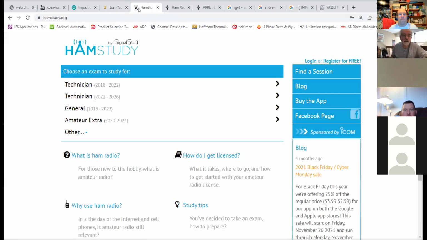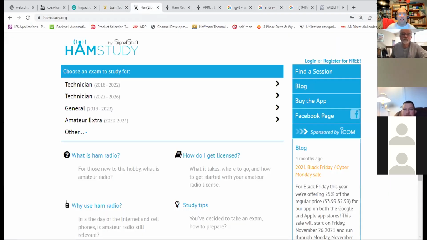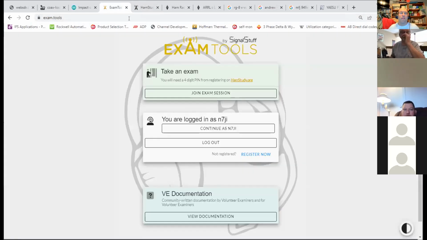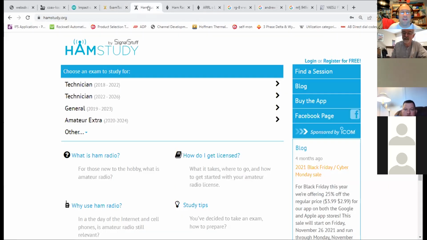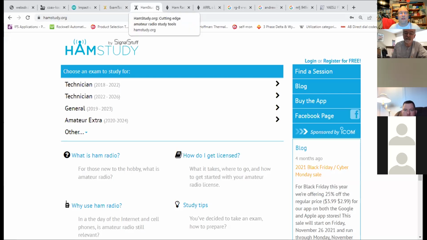Notice it's by signal stuff. This is the exam site. So if you're used to taking practice exams over here, this will look very similar. I'm not going to say it's identical, but it's very similar.